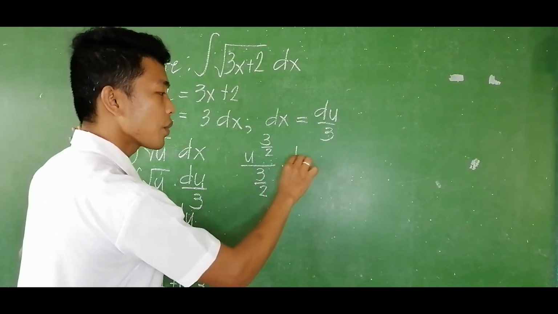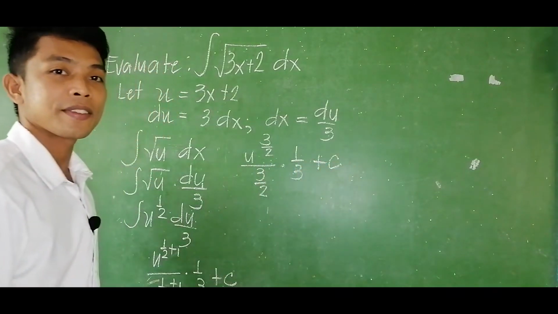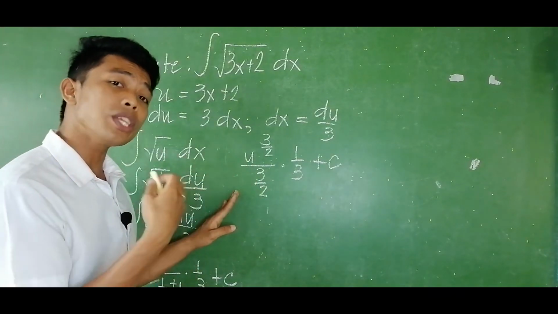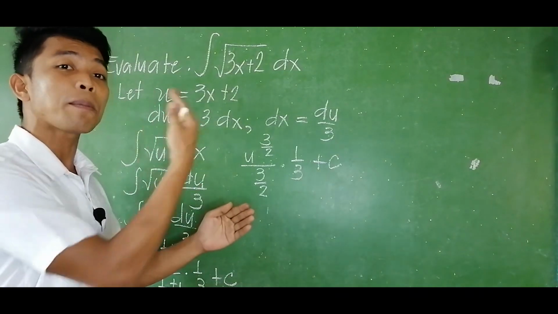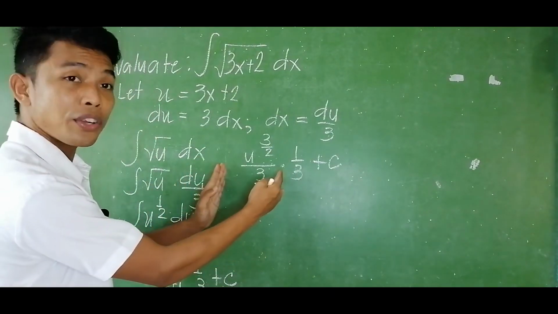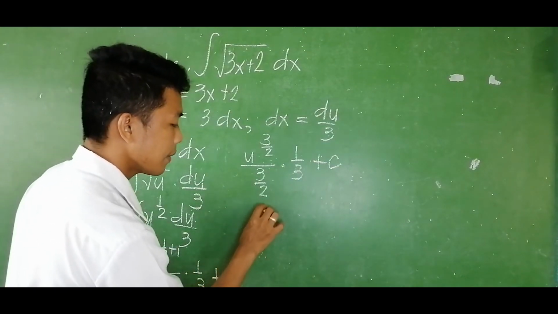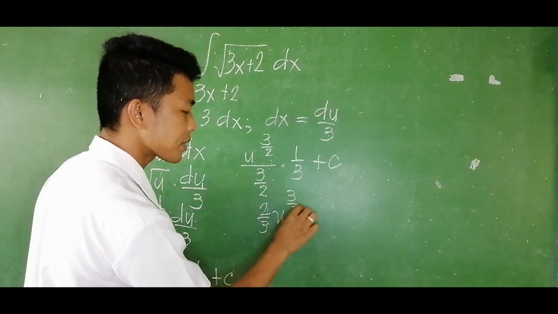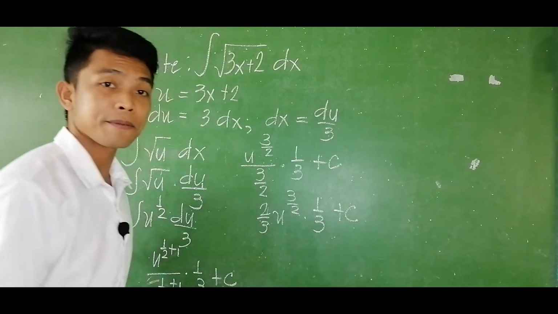Then times 1/3, plus c. Because we have a denominator which is also a fraction, we get its reciprocal and multiply it to the numerator. So we will get 2/3 times u raised to 3/2 times 1/3 plus c.